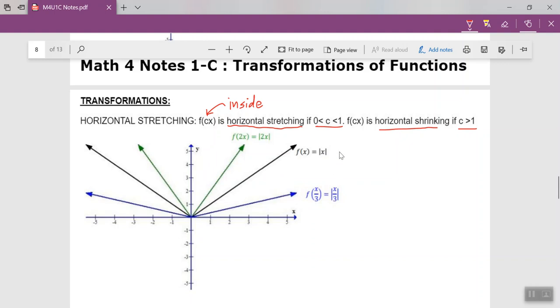But here they're saying if the number is between 0 and 1, then this is what they call horizontal stretching. And sometimes people will call it vertically flattening versus horizontal stretching. It means the same thing, honestly.